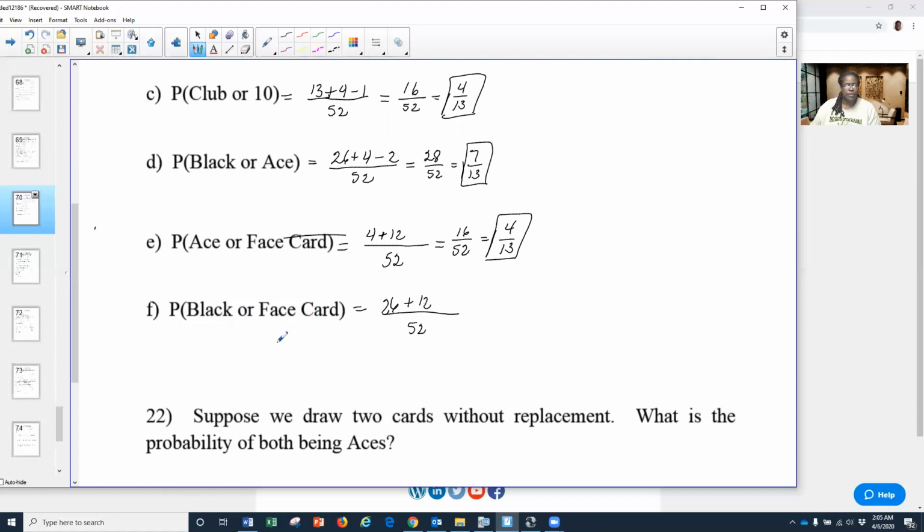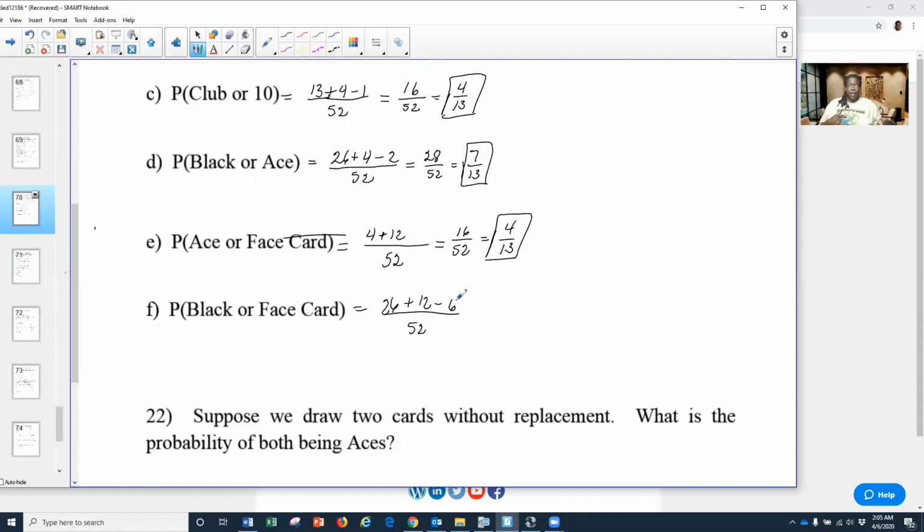Now, do we have a situation where we have some overlap, where we have a black card that can be a face card? Think about it. How many? So we should have 3 clubs and 3 spades. That's right. So minus 6.